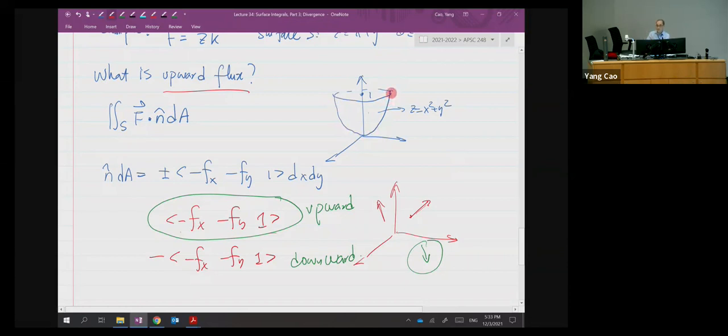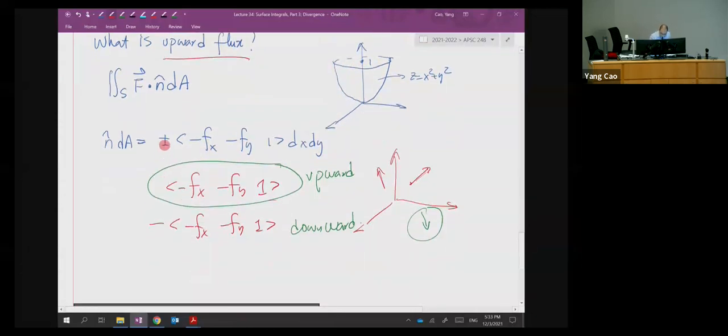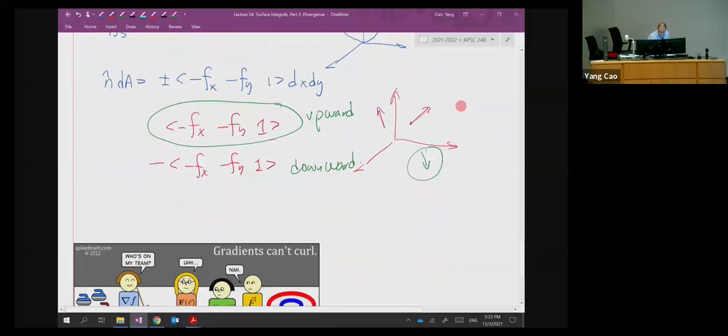So in that case, we usually don't say upward, we'll say either outward or inward. You only see upward or downward when it's an open surface. So that's why we're going to pick this positive sign for the calculation of this question.